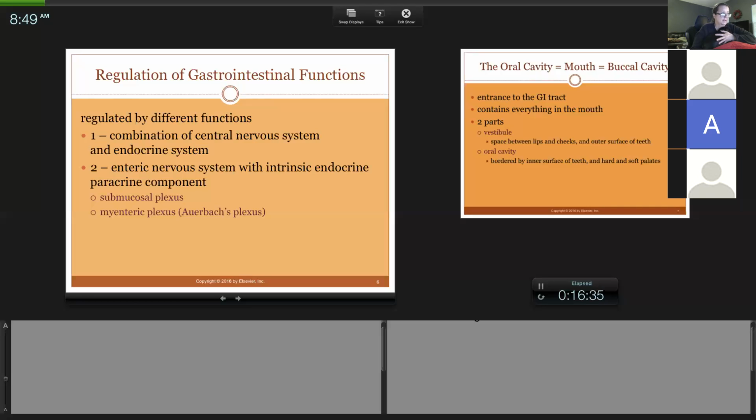Okay, so that's what enteric means. But basically, there is an enteric nervous system, and then there's the central nervous system. But I want you to basically know endocrine, and I basically want you to know the enteric system. Okay.